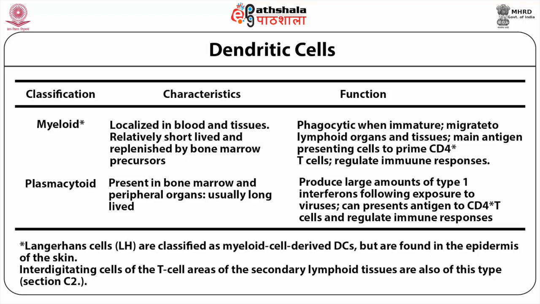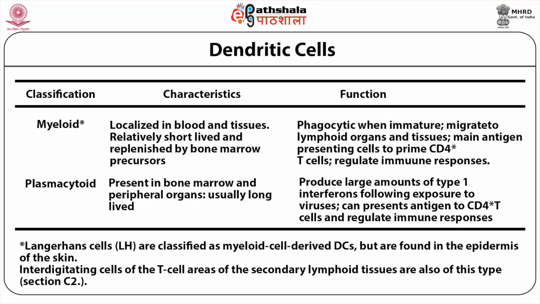The first class can be further subdivided into two subclasses of myeloid derived dendritic cells and plasmacytoids, which have longer lifetime than the former kind and reside in bone marrow or peripheral organs. CD44 is a marker on dendritic cells which acts as an adhesion molecule which participates in binding of dendritic cells to connective tissues.